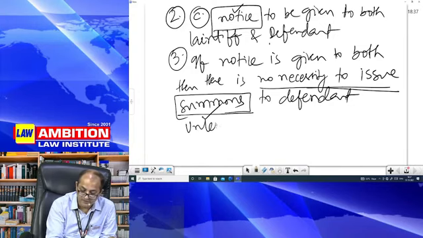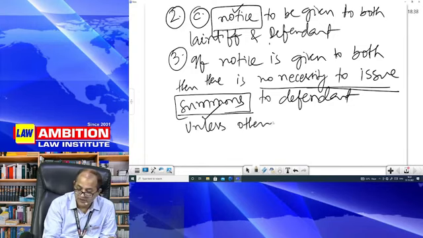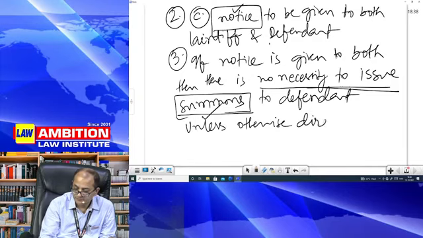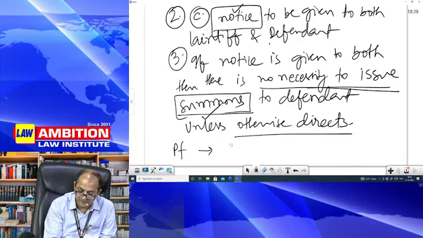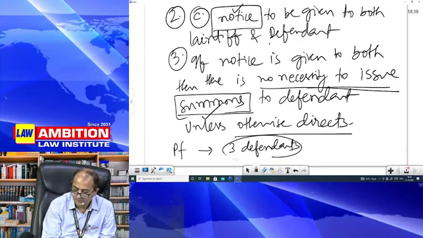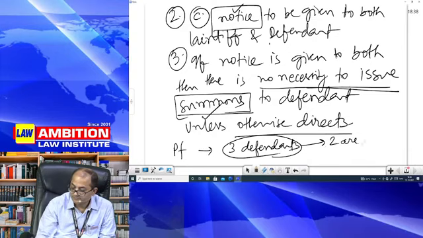Unless otherwise. Now what can be otherwise? I tell you. Suppose a plaintiff has filed a case against 3 defendants. 2 are present, 1 is absent.